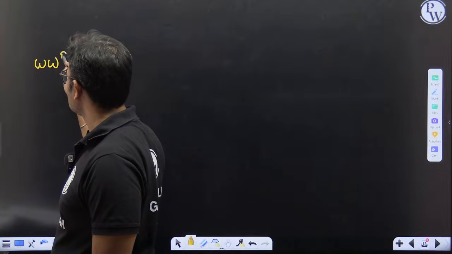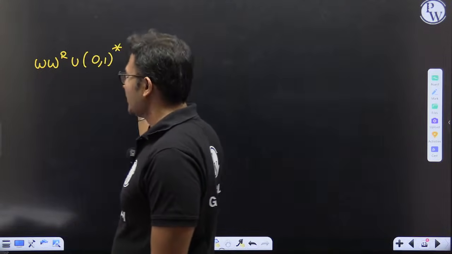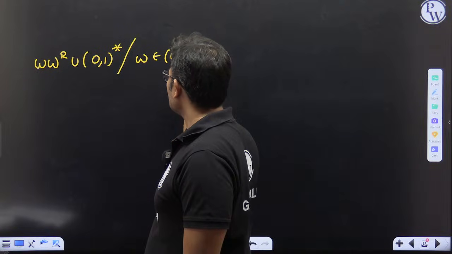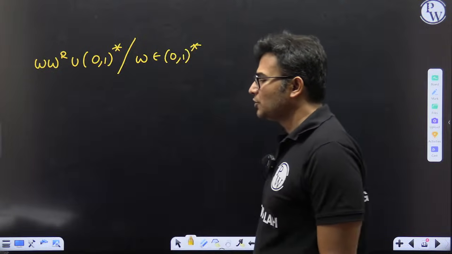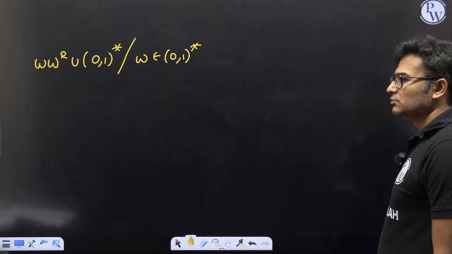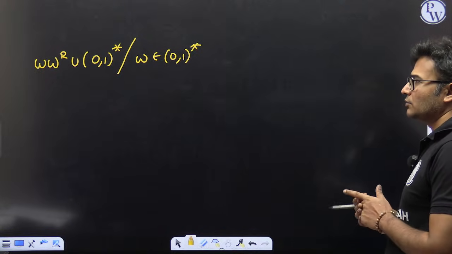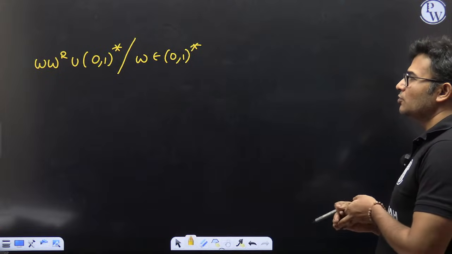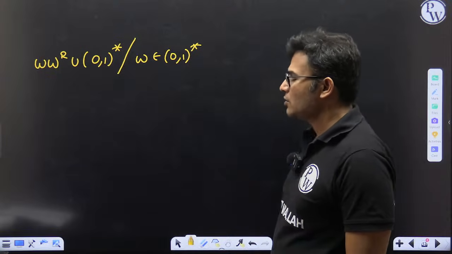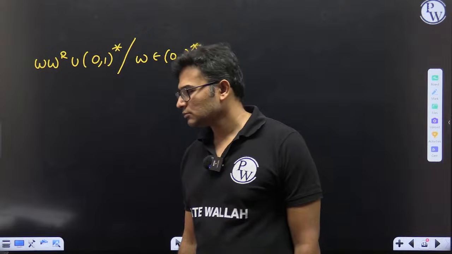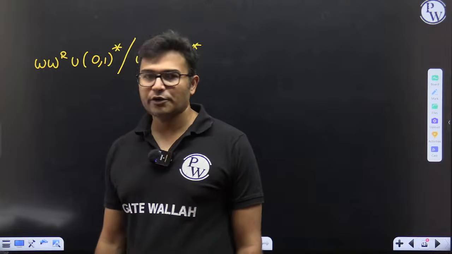W power R union 0, 1 star, such that W belongs to 0, 1 star.